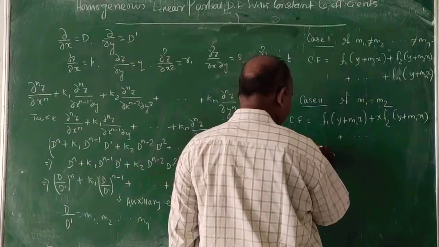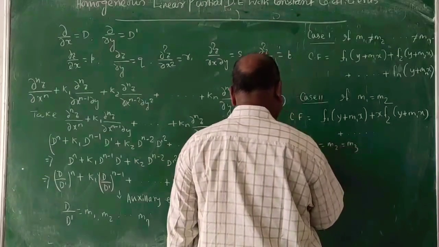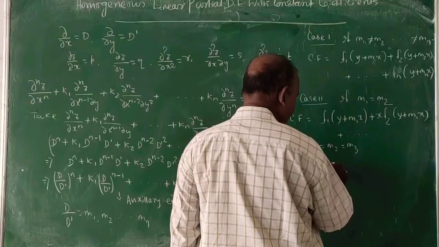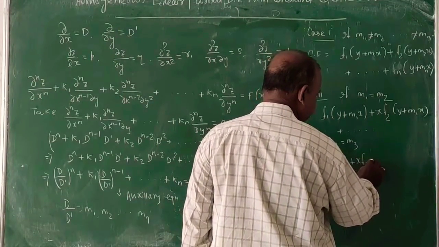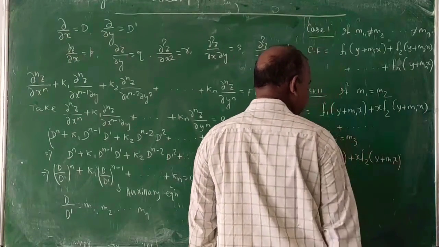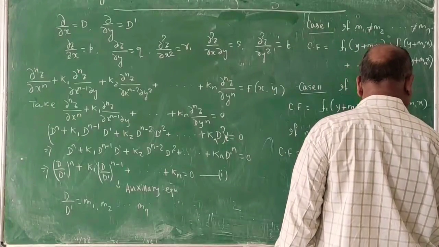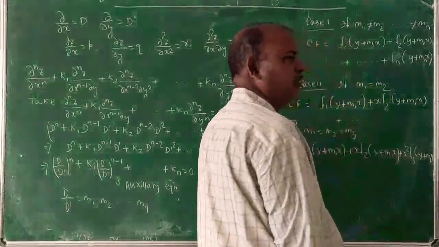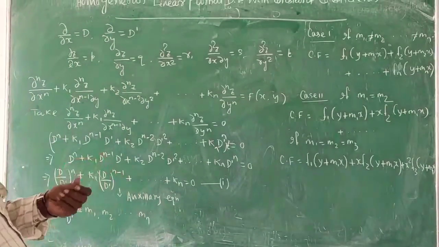If m1 is equal to m2 is equal to m3, then you obtain the complementary function like this: f1 of y plus m1 x plus x into f2 of y plus m1 x plus x square f3 of y plus m1 x. This is the complementary function if the three roots are equal.